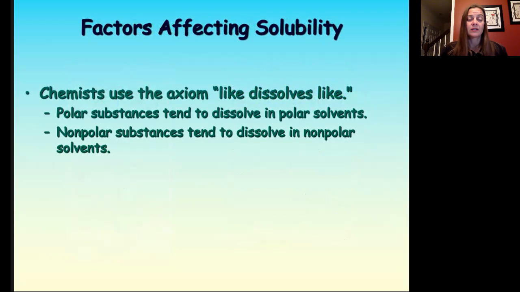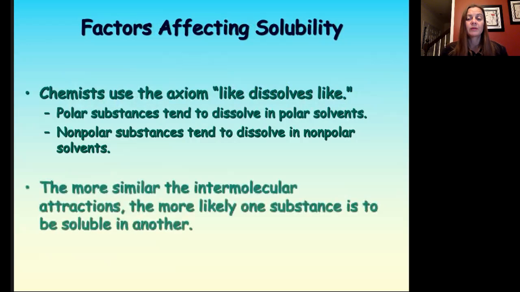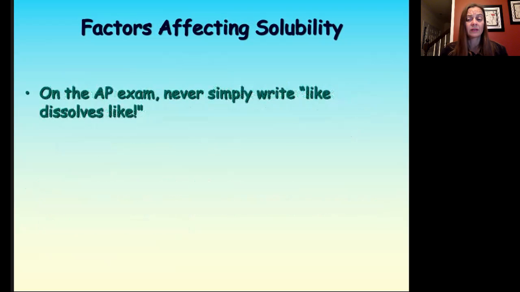That's because in order to pull apart those particles and then replace those attractions with new ones, the new attractions need to be strong enough to overcome. Generally speaking, if they're similar, they're going to be strong enough. So the more similar those intermolecular attractions are, the more likely one substance is to be soluble in another. So we use that axiom, like dissolves like.